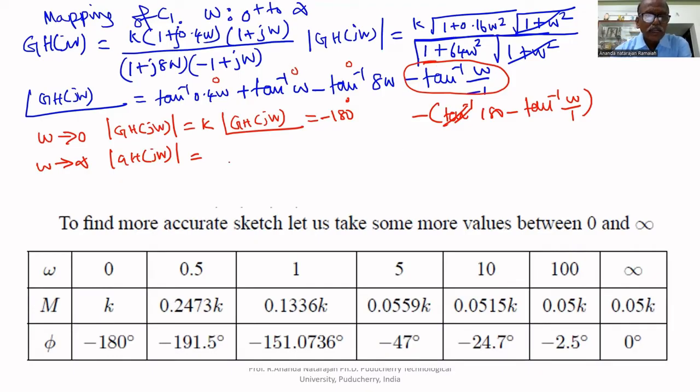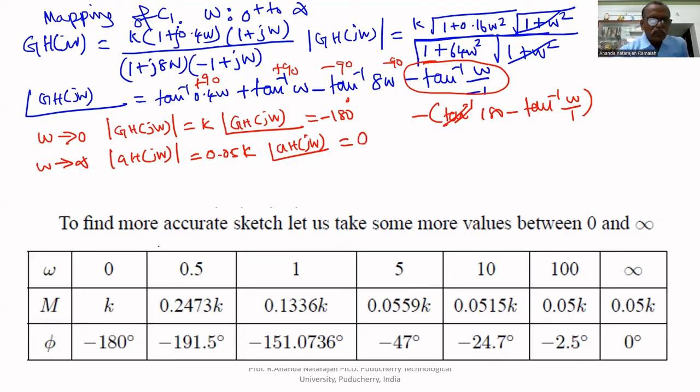So as a limiting case, you have to differentiate the numerator and denominator with respect to omega. Finally, as a limiting case, you will get 0.05 K. The angle of GH of j omega equals 90 plus 90, plus 90, minus 90, minus 90. Therefore, the angle is 0.